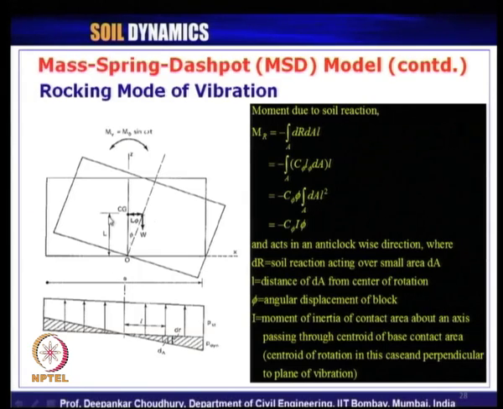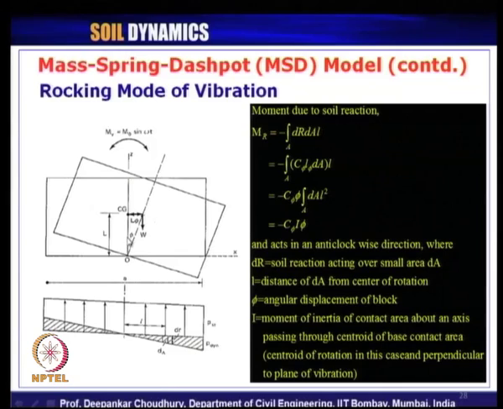And let us say L is the height at which from the base of your footing, the C g of entire this foundation plus machine system is located. So, that will be shifted here.